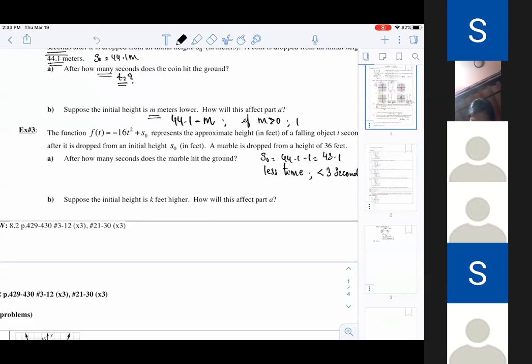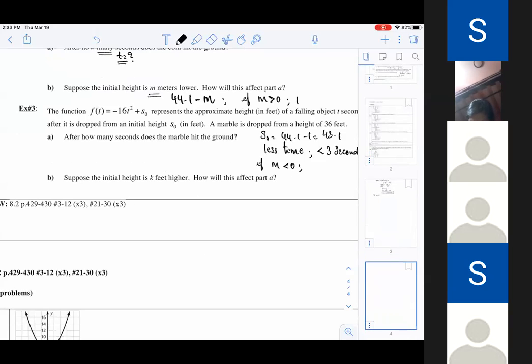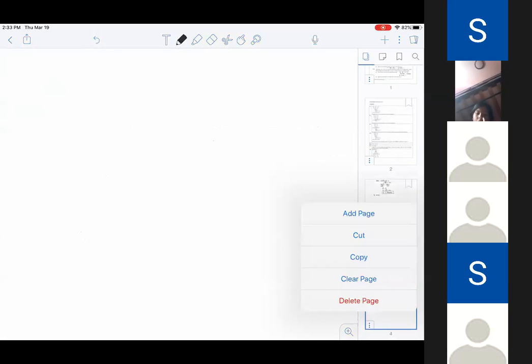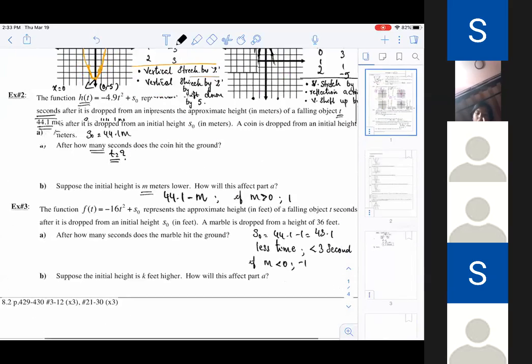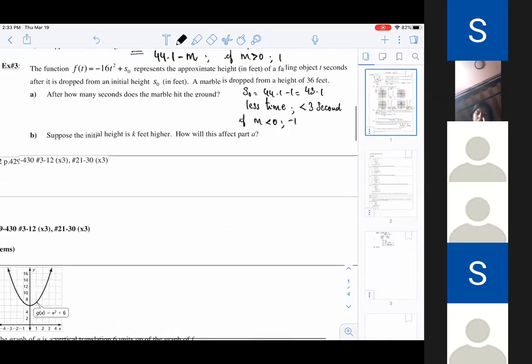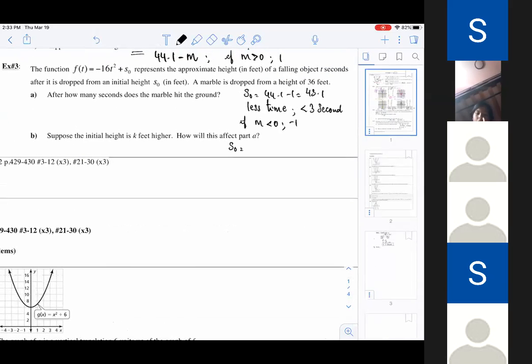Now how about if your m is less than 0? Give me a number that's less than 0. -1. Okay. If m is -1, your initial height is going to be 44.1 minus -1.